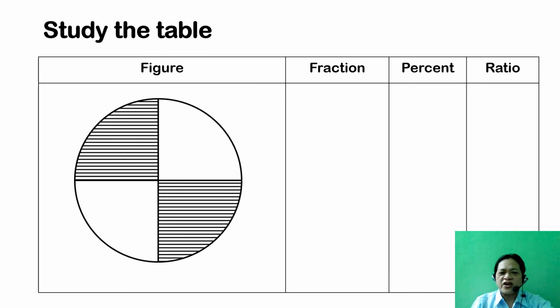So what is the fractional part of the shaded regions? Very good. It is 2/4, and in lowest terms, it is 1/2. Now, how will you write it in percent? Yes, very good. It's 50%. How did you get it?